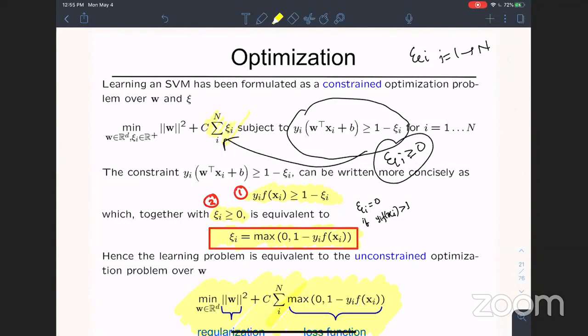For each data point. With respect to W transpose Xi plus B equal to 0, we are seeing where our point is. And with respect to that, we want to minimize the cost function.